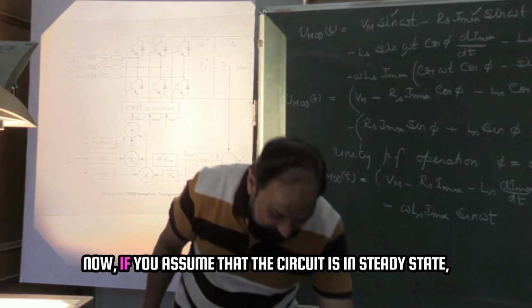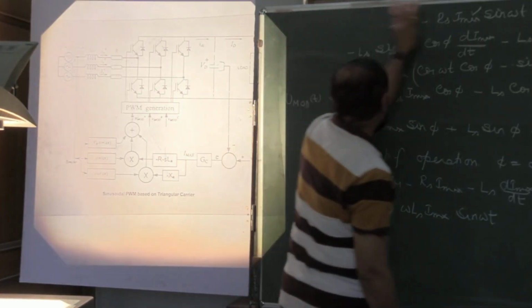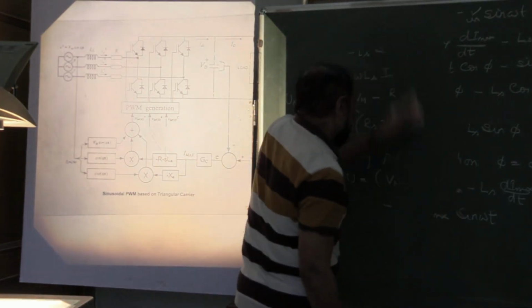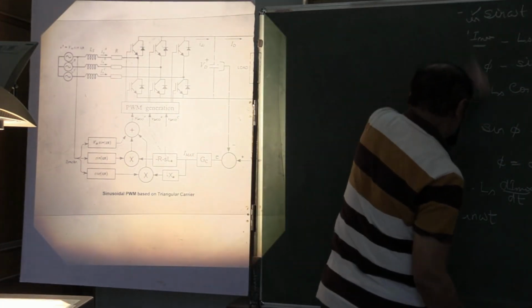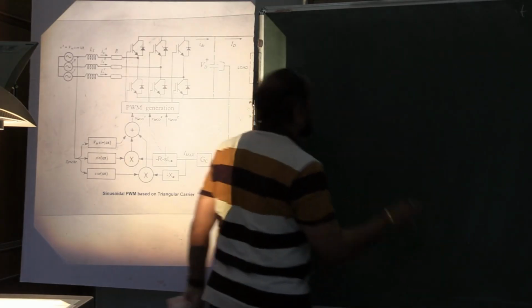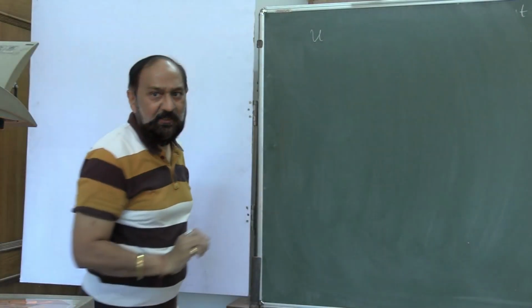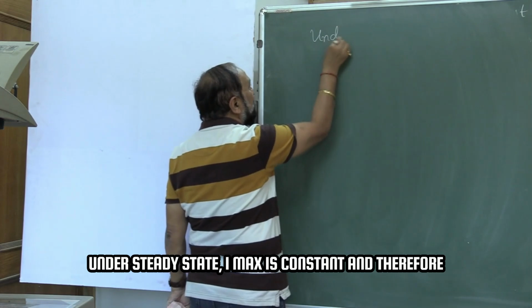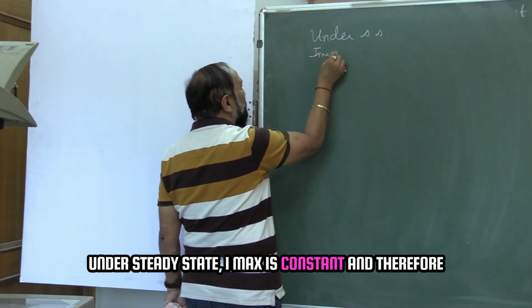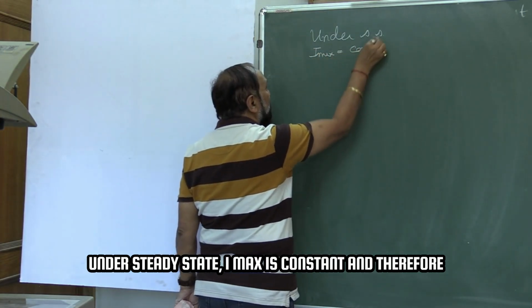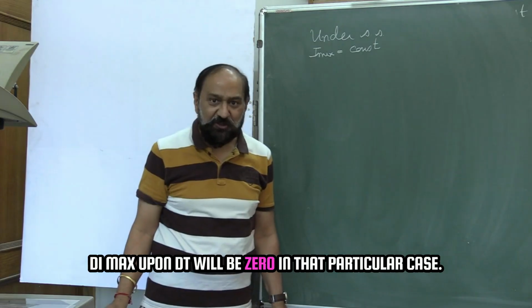Now, if you assume that the circuit is in steady state, I max is constant and therefore di max upon dt will be 0.